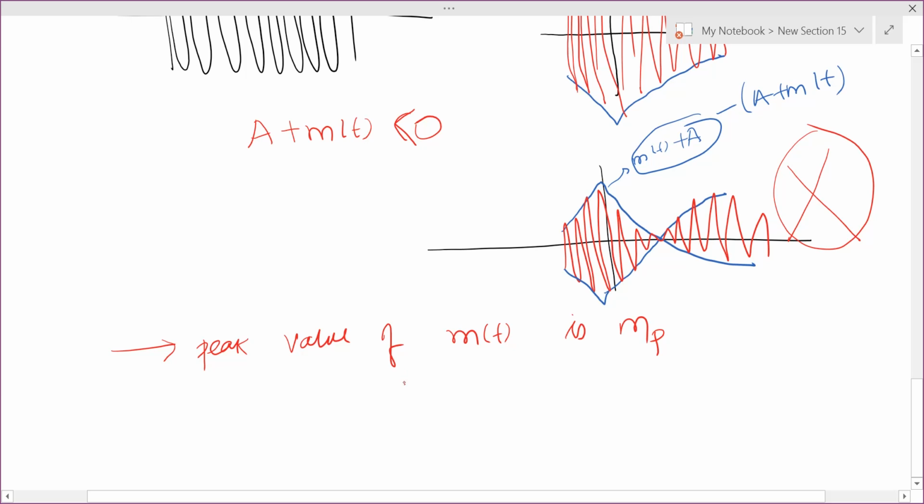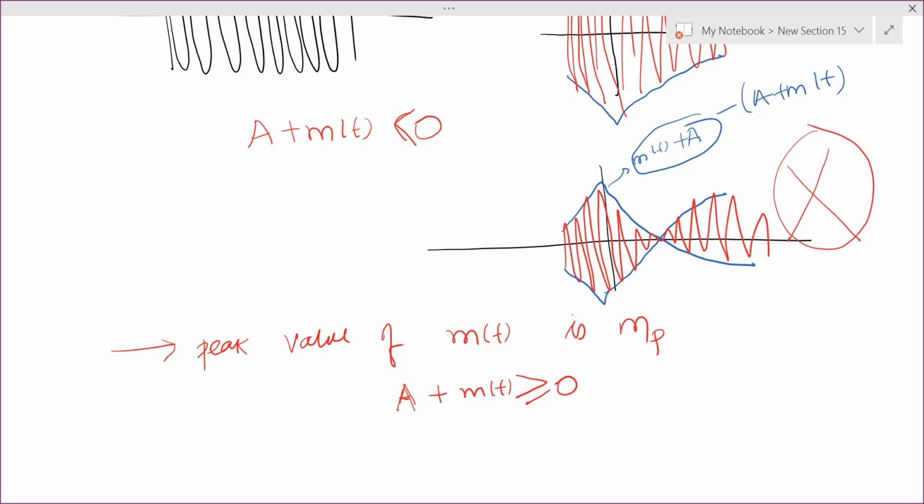Okay, so we need a condition. Now, what amplitude should we choose for the carrier signal? Here it is: A plus m of t should be greater than or equal to 0. Because if you choose A such that it is less than 0, you will see later that you cannot demodulate the signal. But if A plus m of t is greater than 0, you can demodulate the signal.